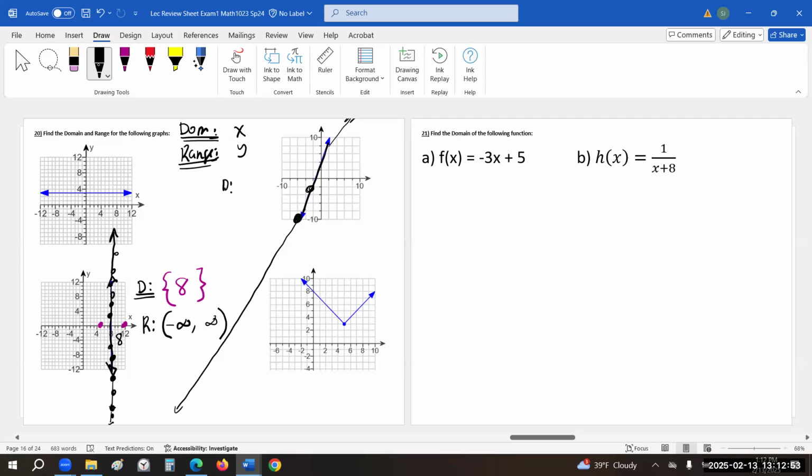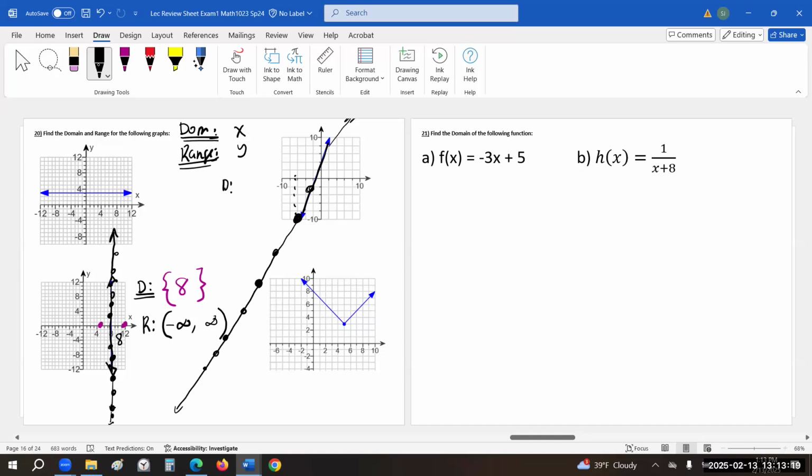For this point, do you have an x value? Yes, every point you have an x value in there. How about this point? Anytime you have a point, you must have an x and y. This is a line, right? So we have points everywhere.